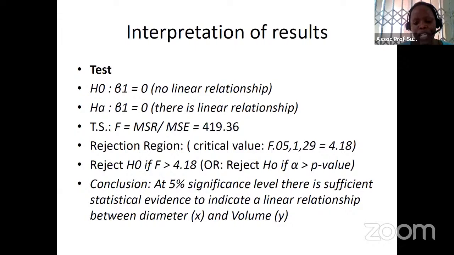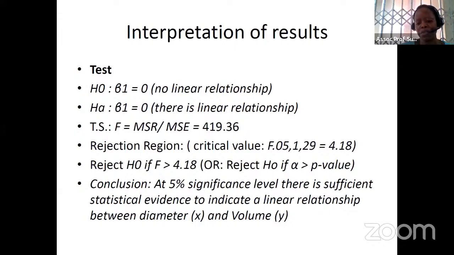And we conclude that there is a significant linear relationship between volume and diameter. Now, if you want to use the F value, you go to the F distribution table and look for a critical value that intersects the denominator degrees of freedom and the numerator degrees of freedom. In this case, our numerator degrees of freedom corresponds to the degrees of freedom of regression, which is 1. And the denominator degrees of freedom corresponds to the degrees of freedom of the mean square error.